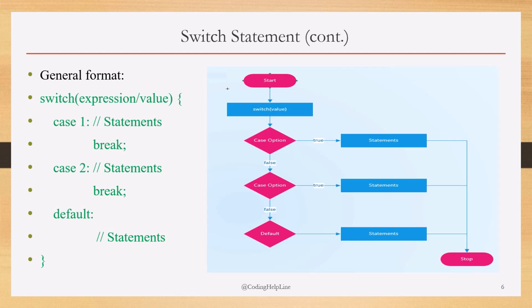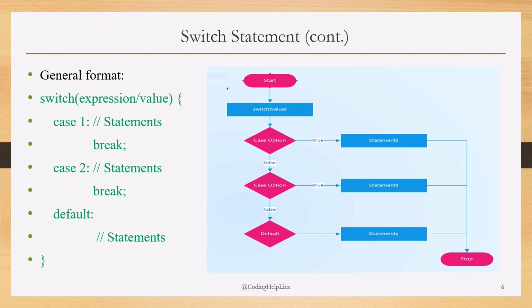If it matches case 1, its block will be executed. The break statement will exit the switch statement and stop execution of the next blocks. Same way, if this expression or value matches case 2, this block will execute. If no case matches, default will execute.